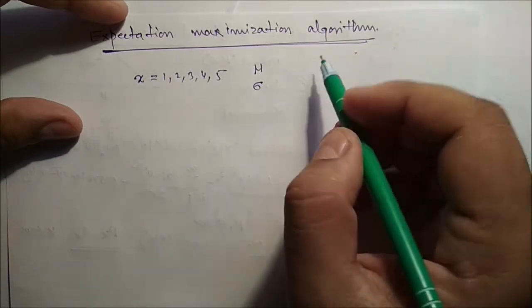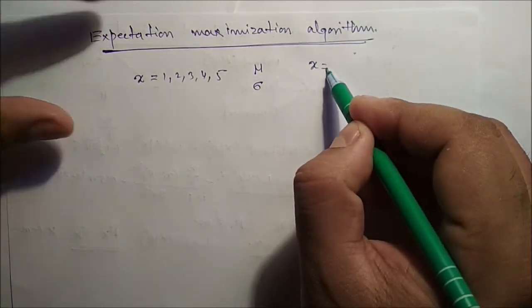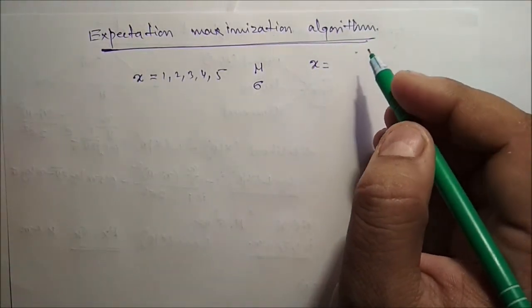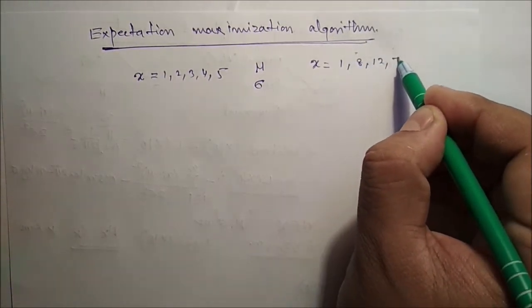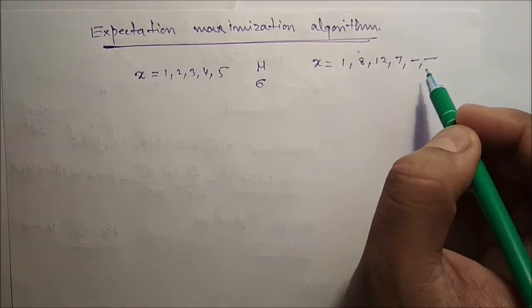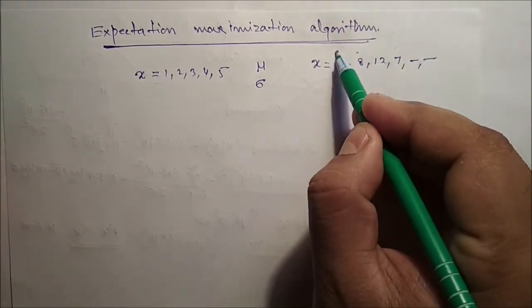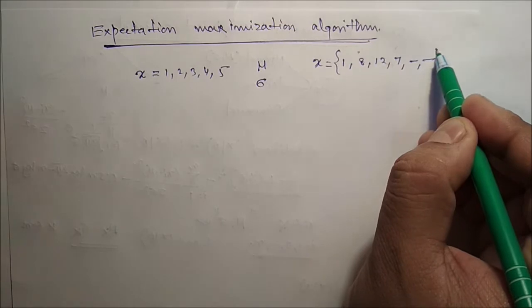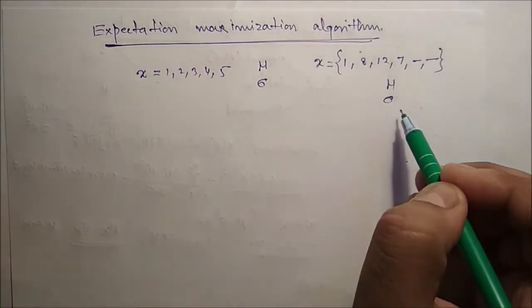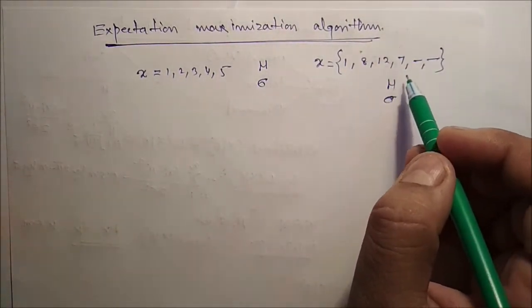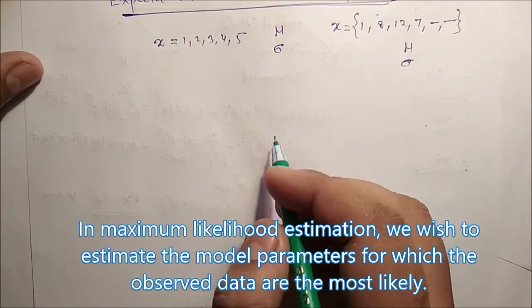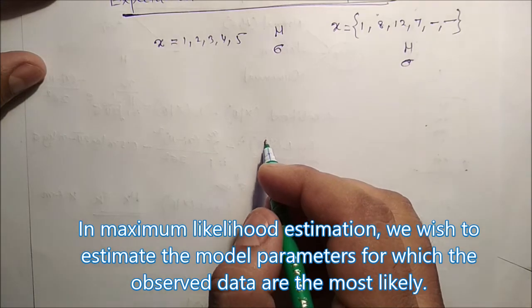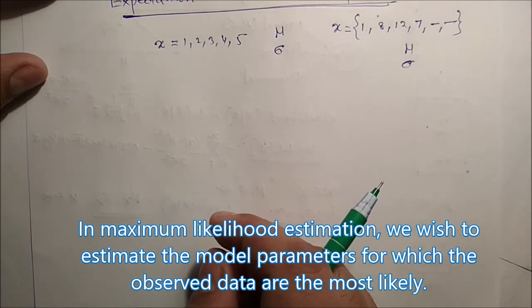But if some values are missing, suppose we have data x with values 1, 8, 12, 7, but the last two data are not known, what will be its population mu and sigma? That we can identify using the expectation maximization algorithm. In maximum likelihood estimation, we wish to estimate the model parameters for which the observed data are the most likely.